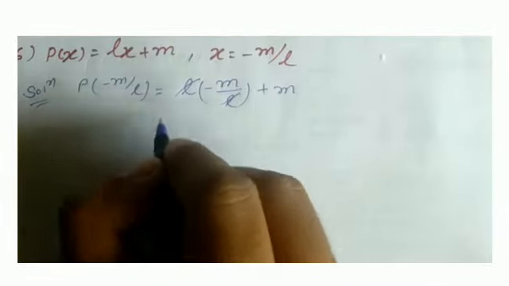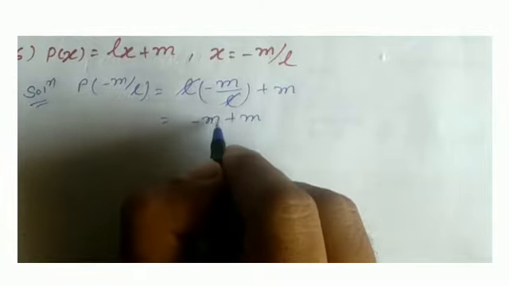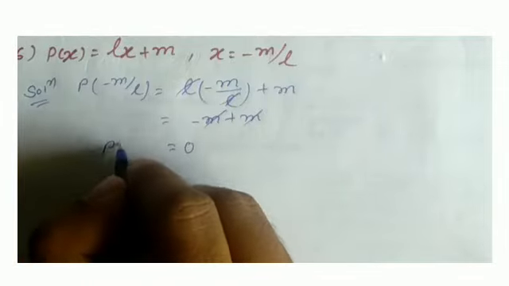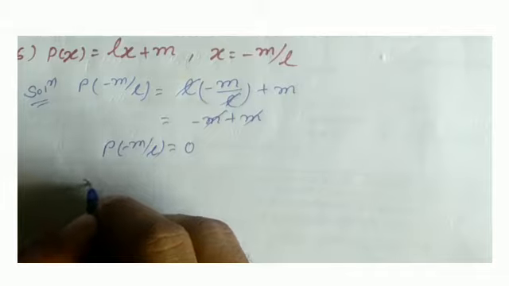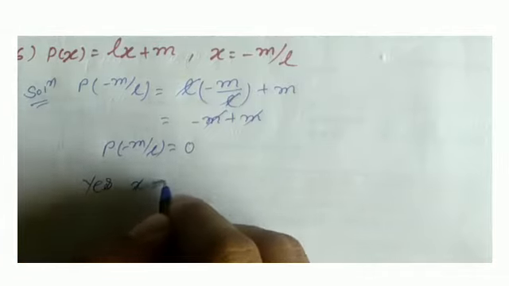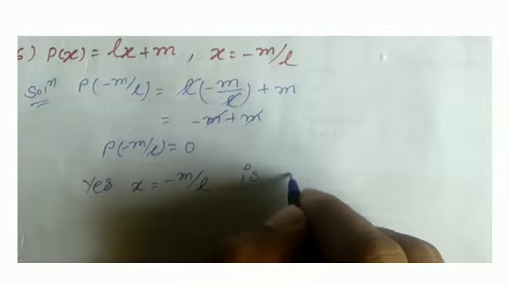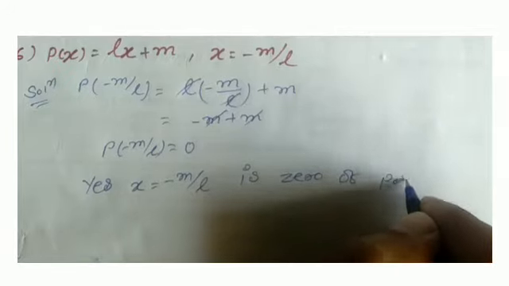So L is cancelled out and we can write down minus m plus m. So minus m plus m cancel. So P of minus m by L is equal to 0. So we can write down yes, x is equal to minus m upon L is a zero of our polynomial.